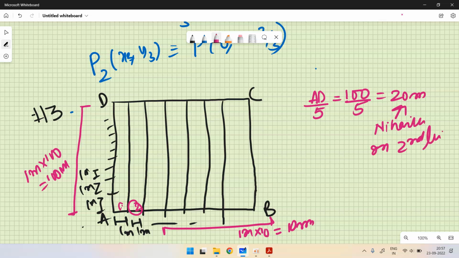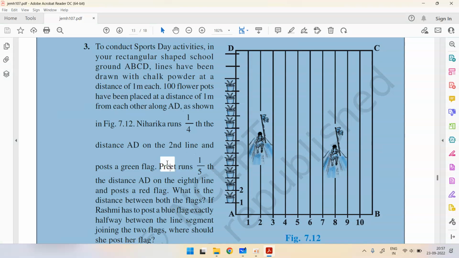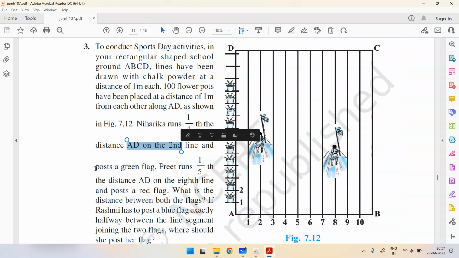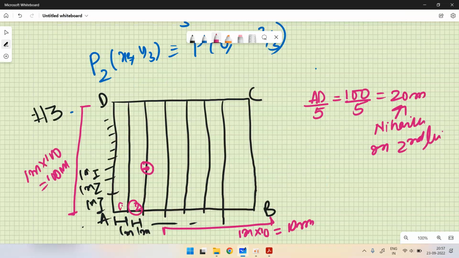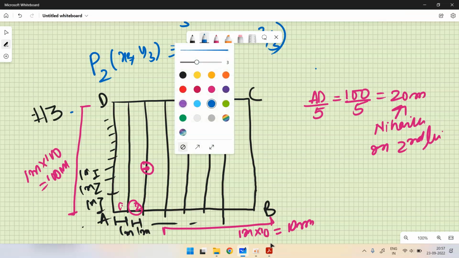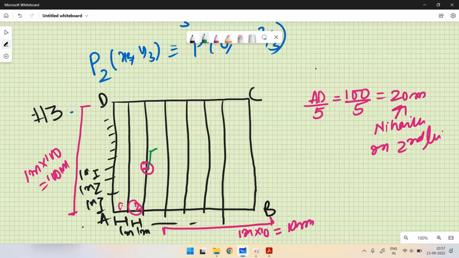She has posted a green flag here at this spot.